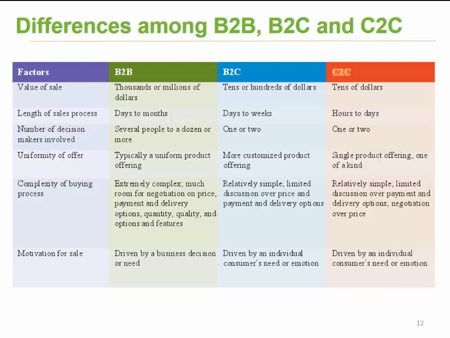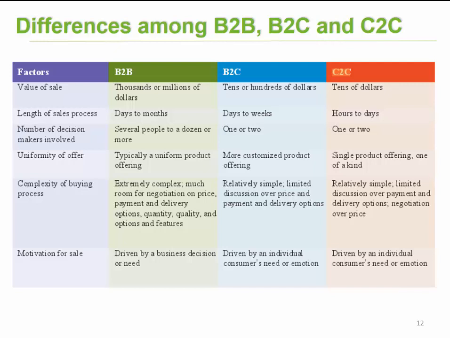And with consumer to consumer, there's typically one product that you want to sell, so it's not a mass buying type environment. If we look at the complexity of the systems, business to business systems will be very complex, and for both business to consumer and consumer to consumer, these systems would typically be a little easier to work with, easier to implement.